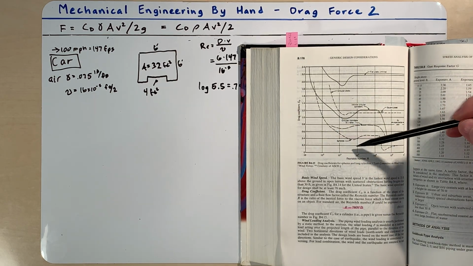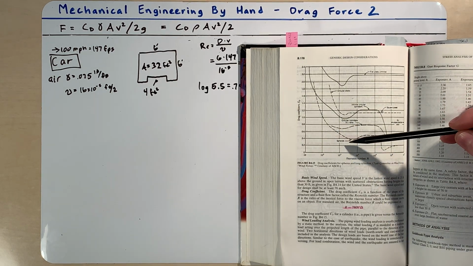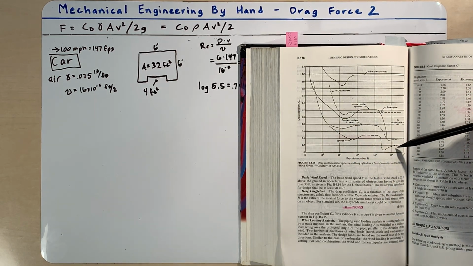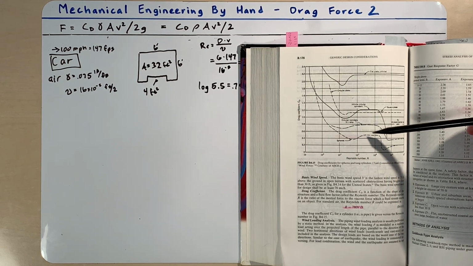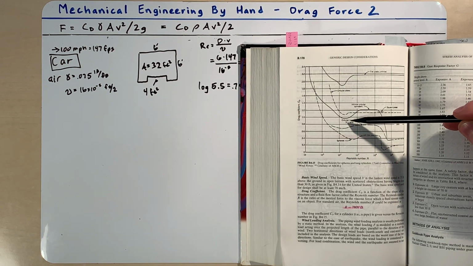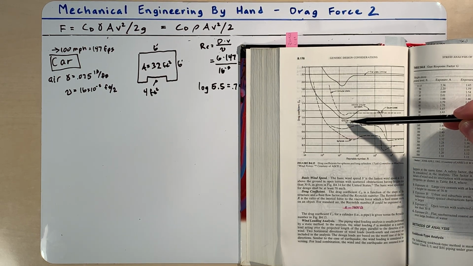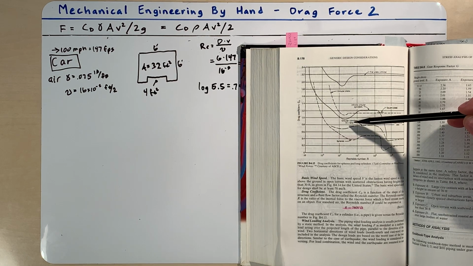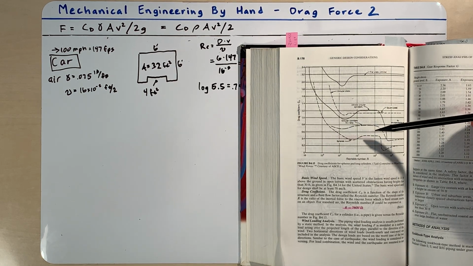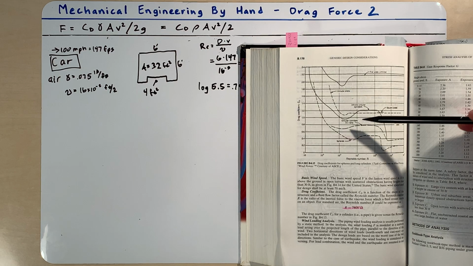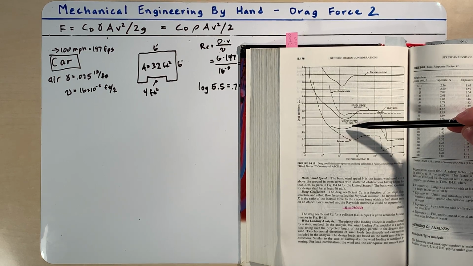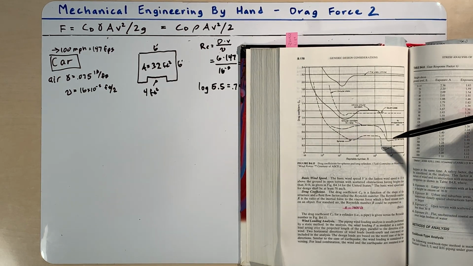This bottom dashed line is for spheres, and the next one up is for cylinders with a 5-to-1 ratio, meaning that they're 5 times longer than they are wide. Now a car or truck usually isn't that long. They're usually about 2 or 3 times longer.